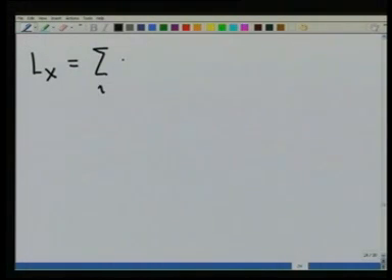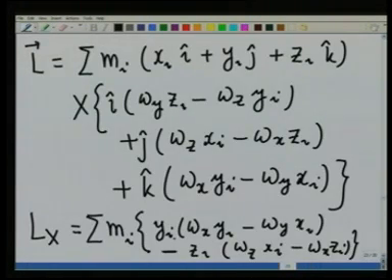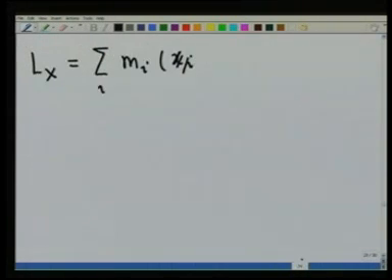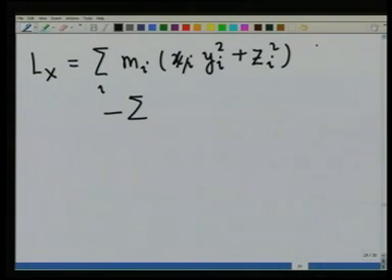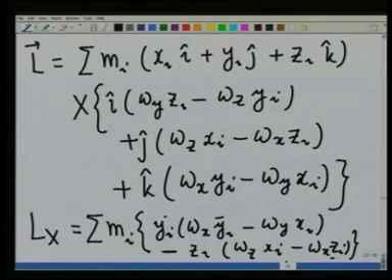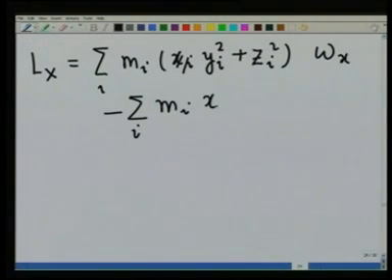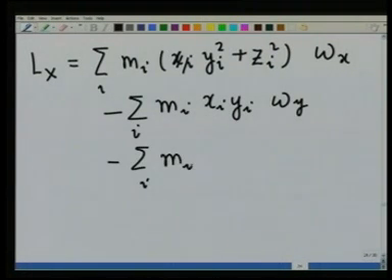So let us collect these terms and write Lx as summation mi (yi square plus zi square) times omega x, minus summation mi xi yi omega y, and similarly minus summation mi xi zi omega z.